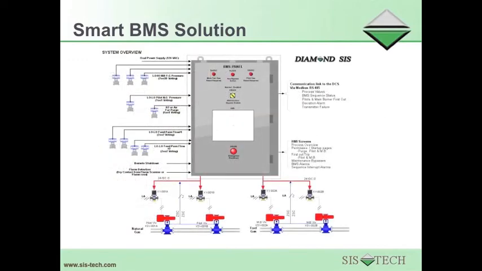Here we have an overview drawing representing a BMS SIS Smart BMS solution for heaters. This is again basically the same heater protection system with the following modifications: include a nitrogen or air flow function to validate the purge sequence, include permissive safety functions to confirm the natural gas and fuel gas valves are closed during purge validation and light-off sequences.